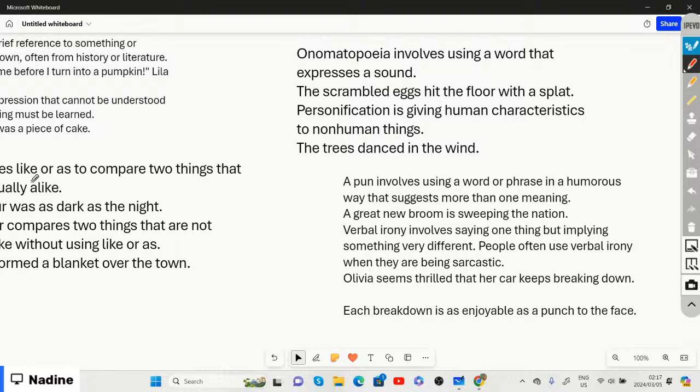personification. We have personification. And personification is giving human characteristics to non-human things. Or we can say the trees danced in the wind.